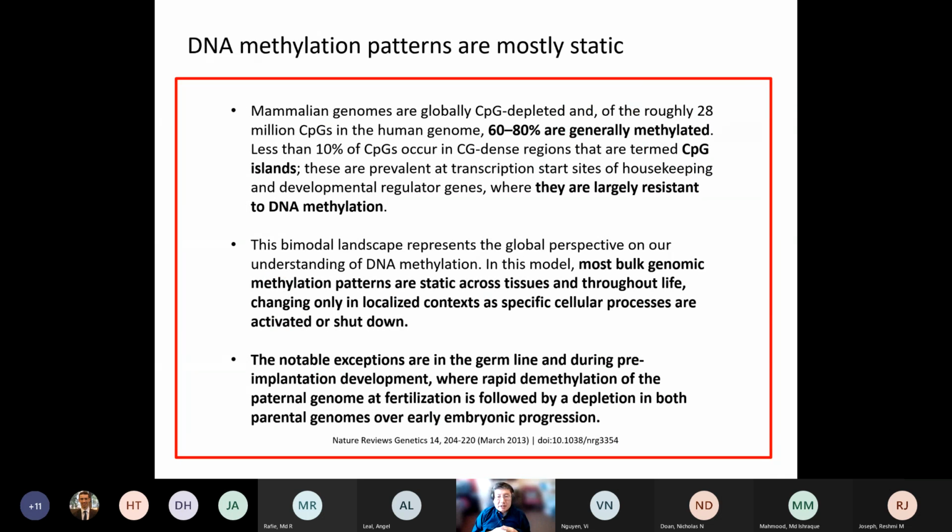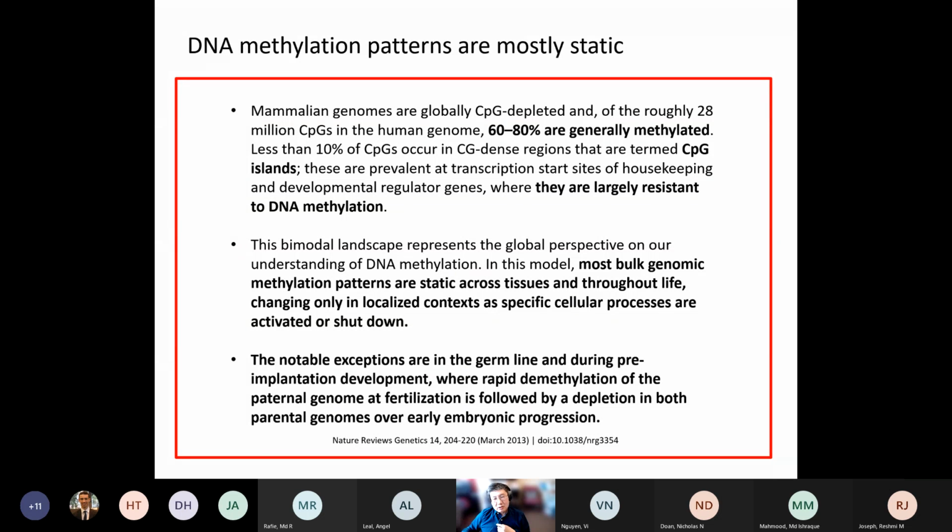So here I want to give you the so-called bimodal pattern. Basically, we have about 28 million CpGs in the human genome, and the majority of those CpGs are actually methylated.